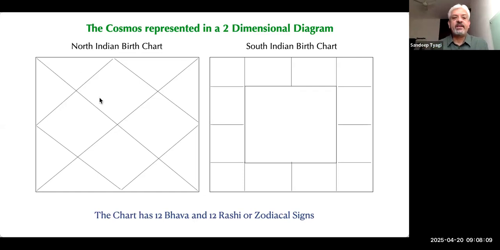In the north of India, you get a diagram which has these diamond shapes, the diamond format. And then you have a square format, which is mostly practiced in the south of India.